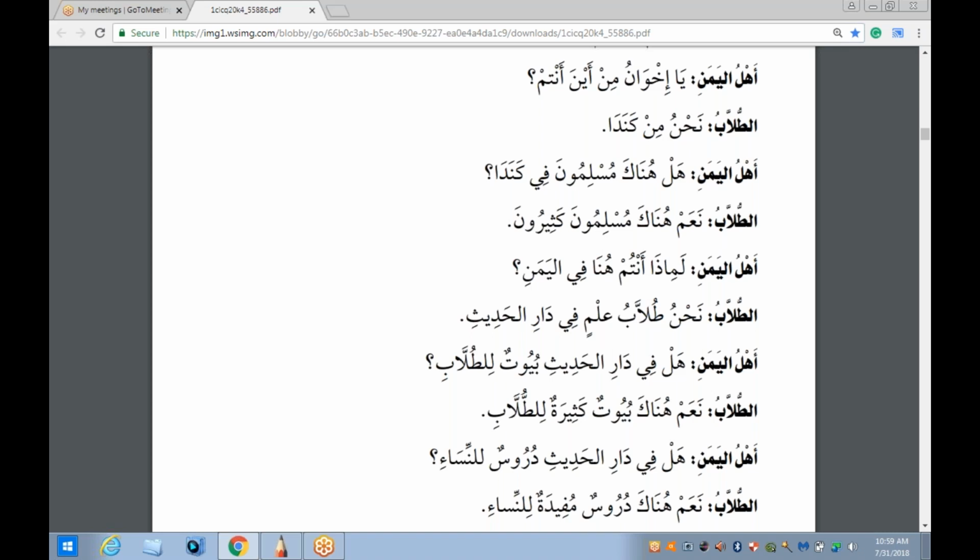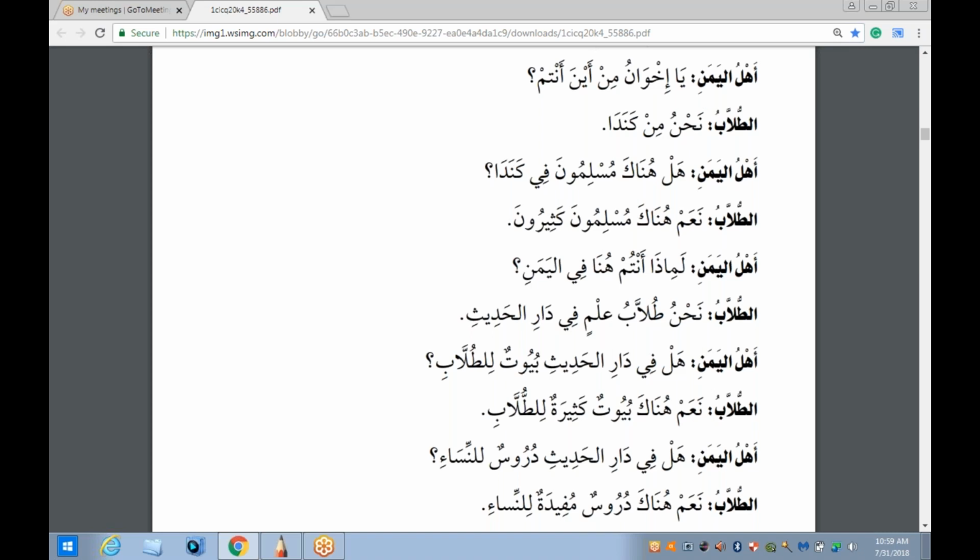هل في دار الحديث دروس للنساء عندك يا عبد الحميد. Na'am, na'am. You have to review these sentences. The vocabulary is moving up.